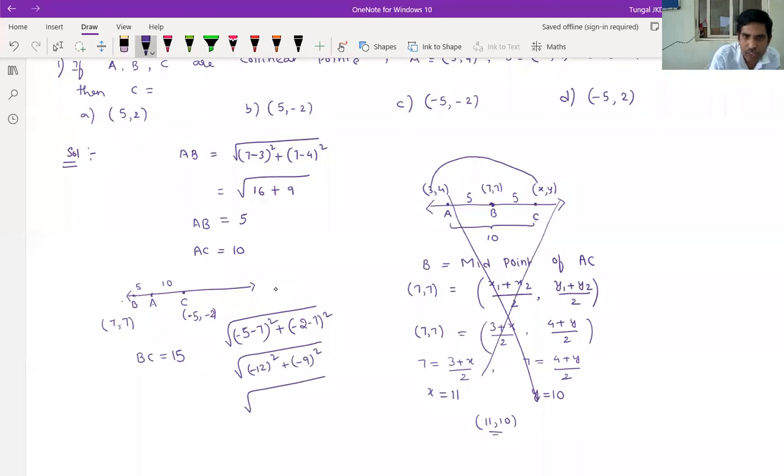What is 12 square? 144. -9 whole square, what will we get? 81. Added, we get 225. This is 15. Okay? That's why. So if you take this option, then we get that these 3 points are collinear.